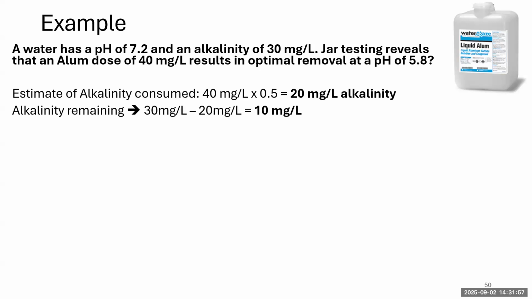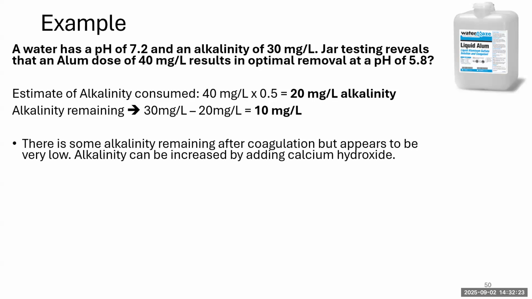And the alkalinity remaining is the original alkalinity of 30 milligrams per liter minus the amount that's used, 20, which leaves us only 10 milligrams per liter. We don't have 0, but it's also too low. We'd need to confirm this relationship with actual jar testing, of course. But that's too low to depend on there not being a pH crash.